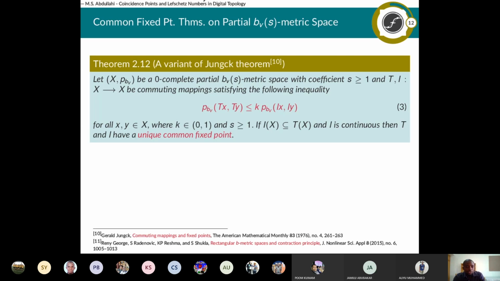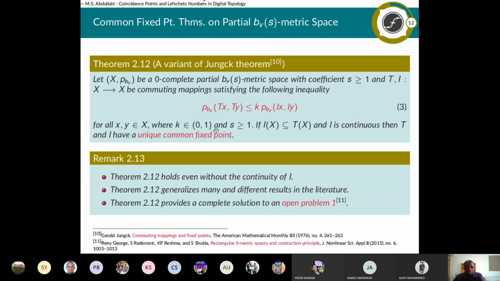The theorem we focus on is the Jungck theorem, and we give the Jungck theorem variant in partial BBS metric space as this. And we show that if this condition is satisfied and the function I is continuous, then T and I have a unique common fixed point.